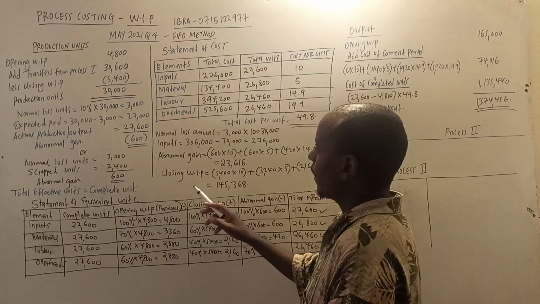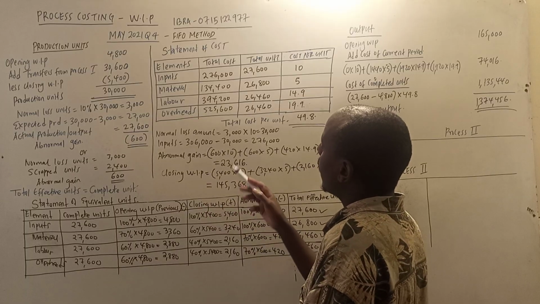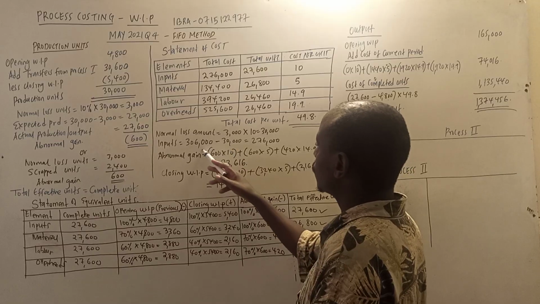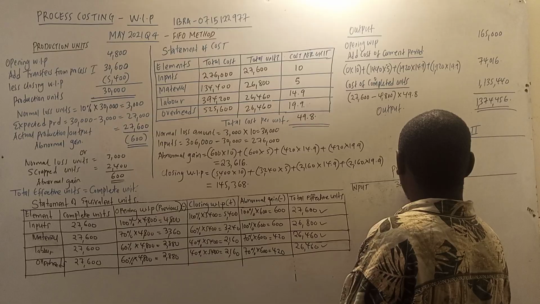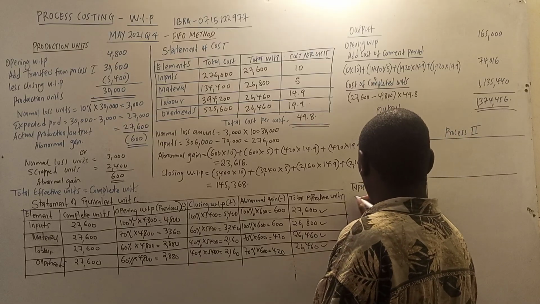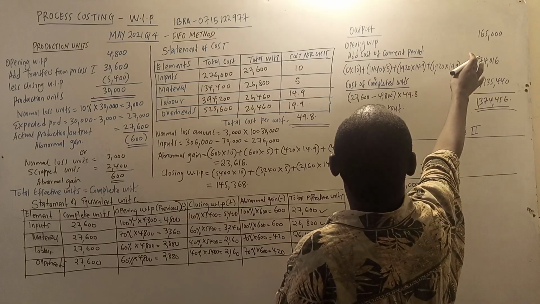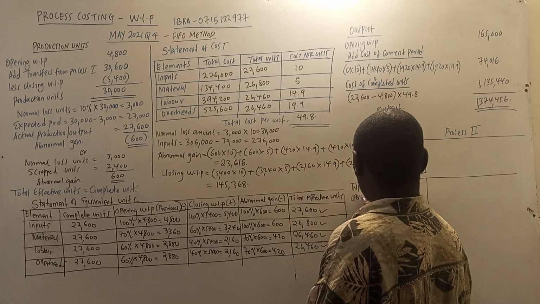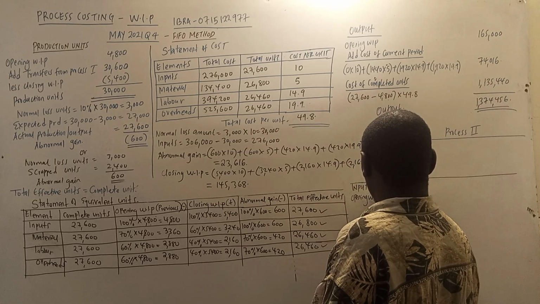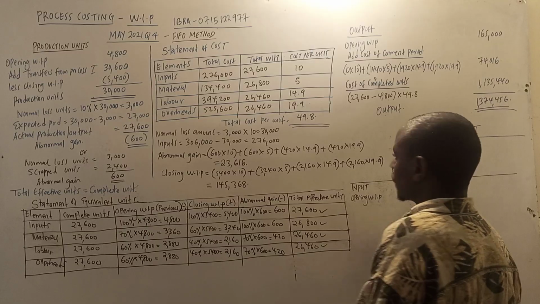Iko wapi? This one 306,000 before deducting this. So itakuwa 306. Then for the next input, this one is the opening work in progress of 165,000.